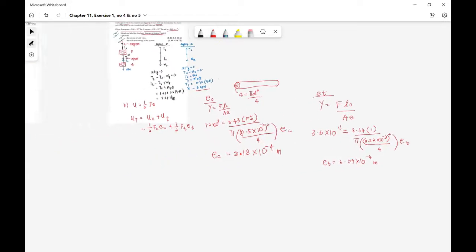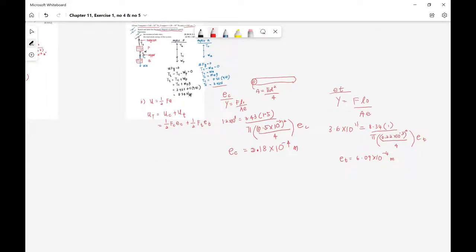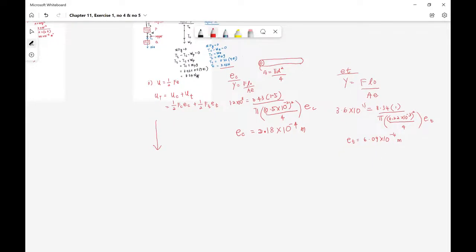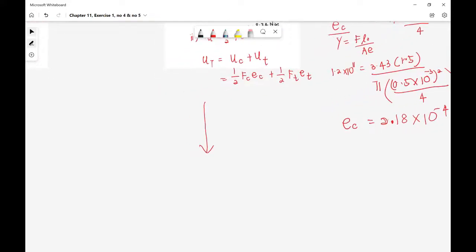Sekarang kita dah boleh substitute dalam equation strain energy untuk cari total strain energy. Okay, so tulis kat bawah ni. So, strain energy equals half FC. FC adalah force untuk copper.